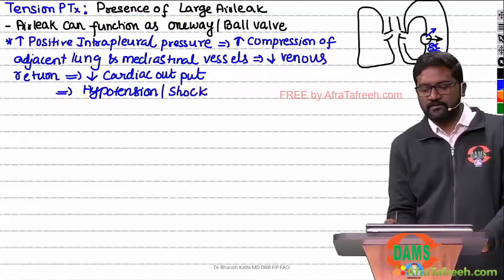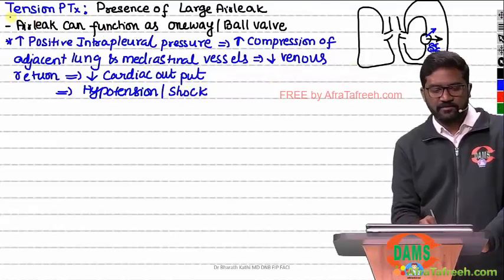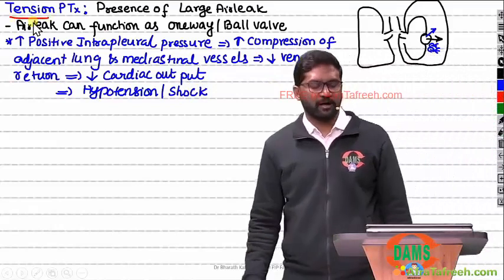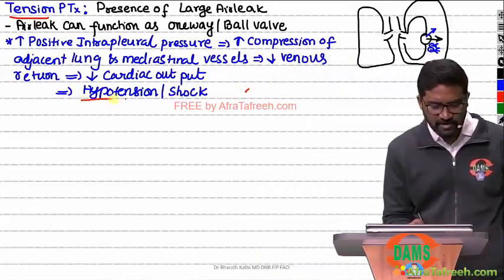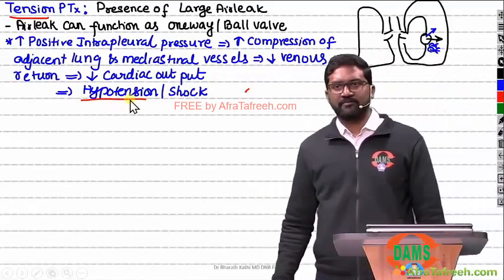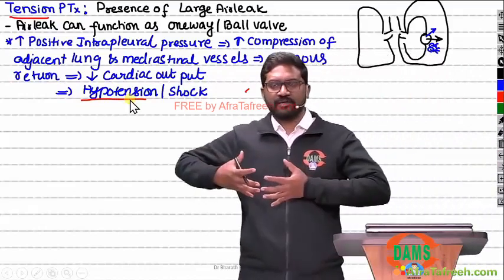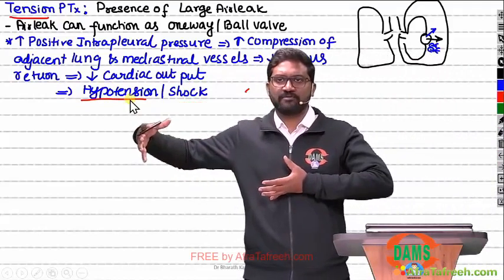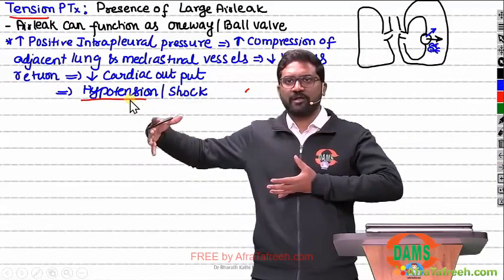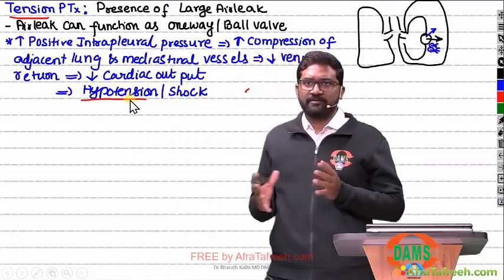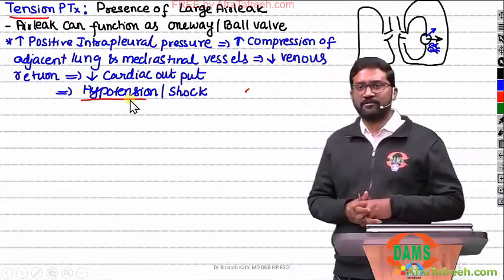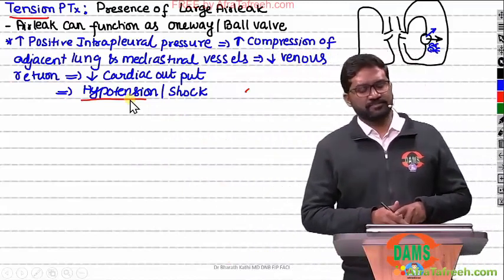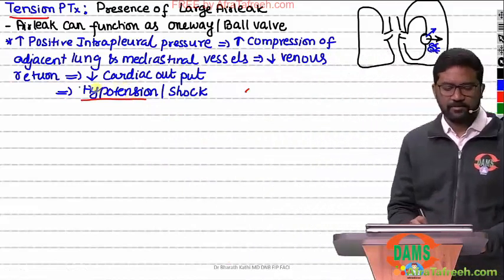Now why is this entity called tension pneumothorax? Not because patient is in hypotension and doctor is getting tension what to do. See why all this is happening? Because of increased buildup of pressure within the pleural space. Pressure is also called tension. So this phenomenon is due to excess pressure in the pleural space, so it was called tension pneumothorax.